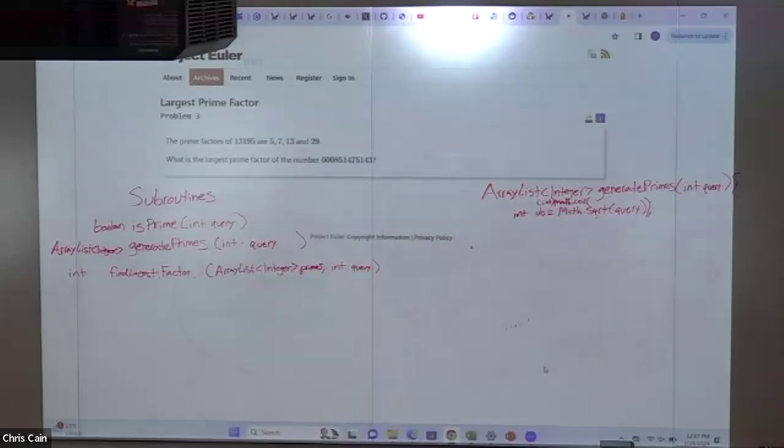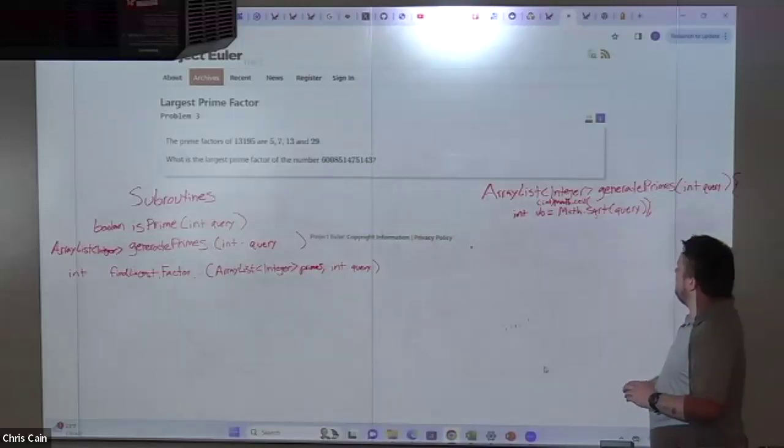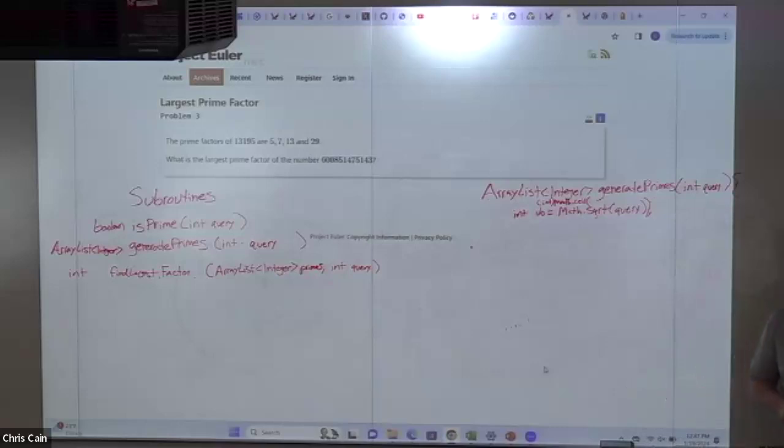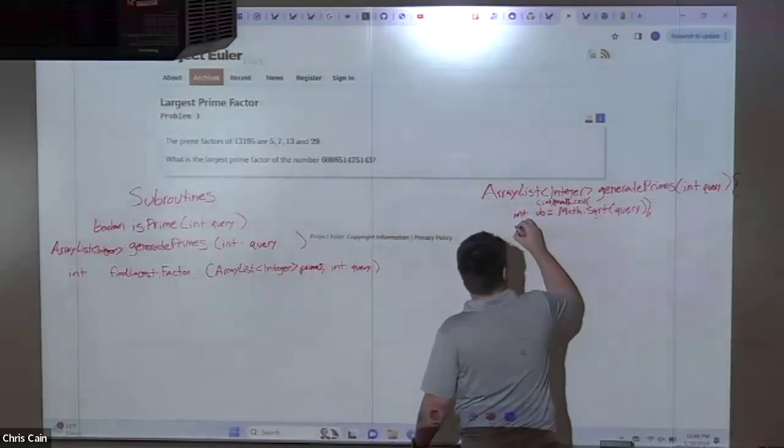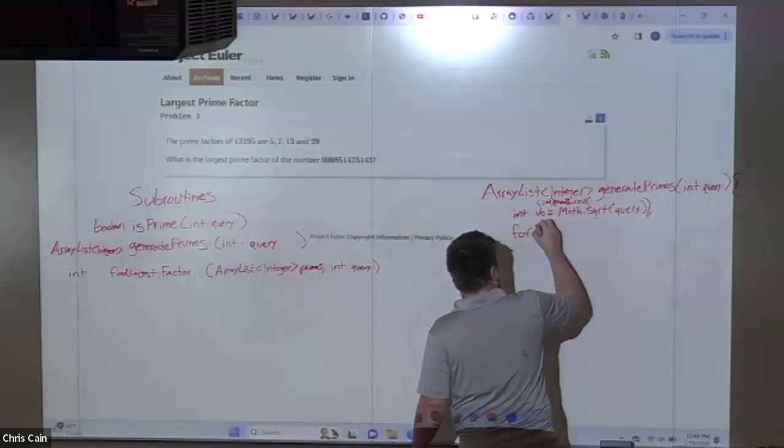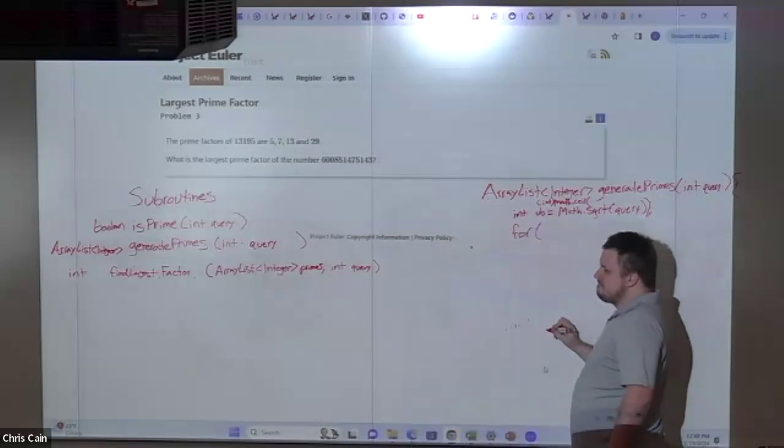Should be fine. All right, now that we know what the upper bound is, what's the logic we need to work through? What do we need to do? Some kind of loop. I'll write it as a for loop.